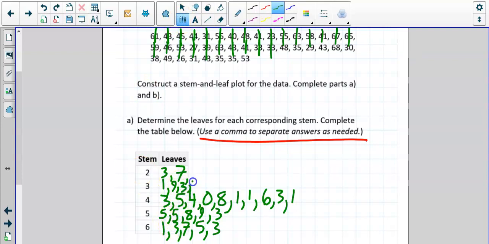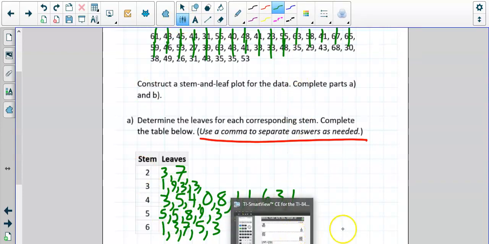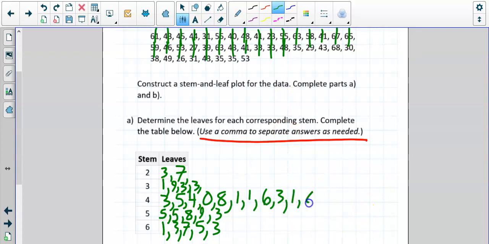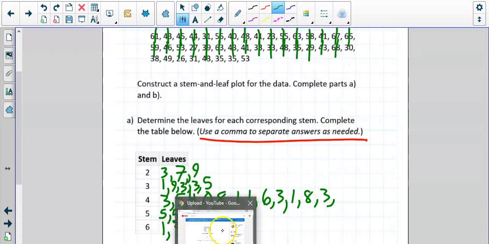So 3, 3. We got an 8 at the 4. We got a 5 at the 3. We got a 9 at the 2. We got a 3 at the 4. We got an 8 at the 6.